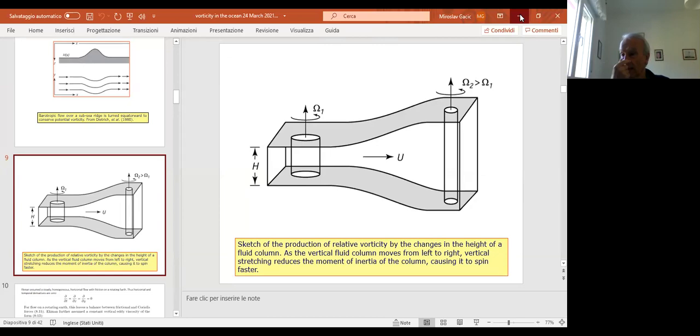The influence of the horizontal pressure gradient is felt in the deeper part of the ocean, below these 1,000 meters, between 1,000 and 5,000 meters. This is what we call the interior ocean, where the geostrophic approximation is a very good approximation.